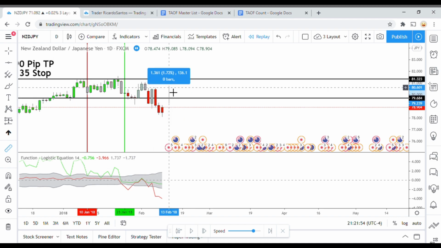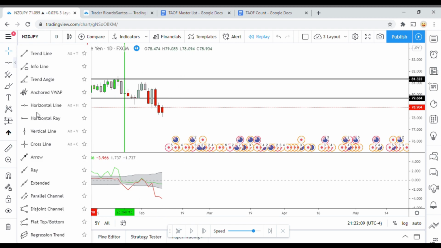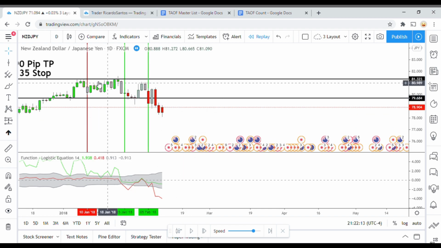Let me measure out that little wick right there to see if it hit. Nope, it didn't. And it dropped out on us there and gave us our 90. It's not too horrible.